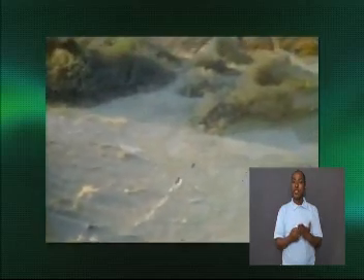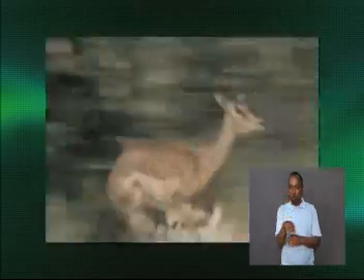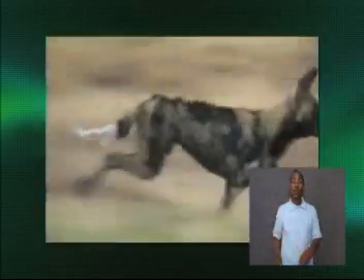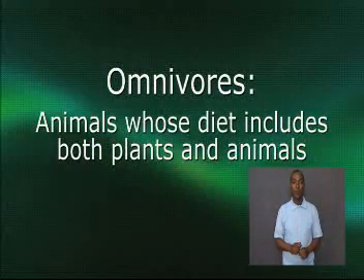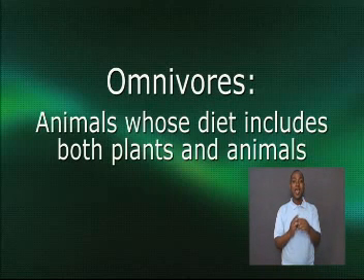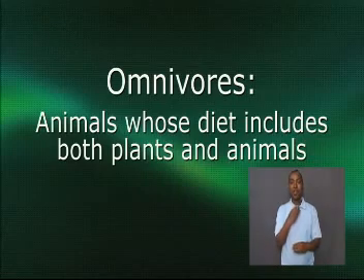In this video, you can see a wild dog hunting an impala. Omnivores are animals whose diet includes both plants and animals. Humans fall into this category.